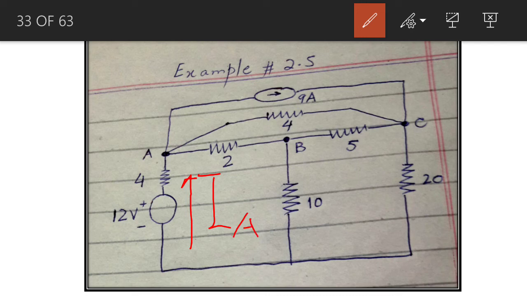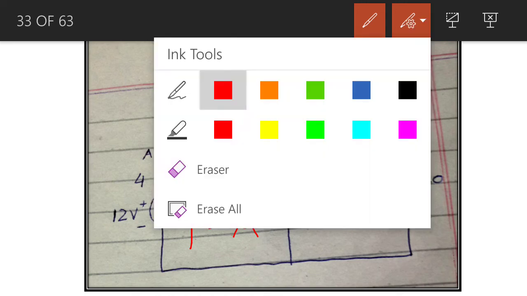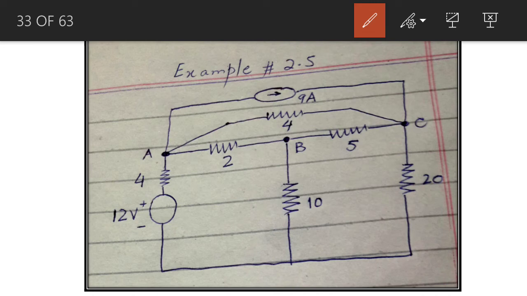So we are going to find out this current with the help of standard node equations. So we shall write down the standard node equation for this particular circuit directly in the matrices format. As there are 3 nodes in this particular circuit, the size of the G matrix will be 3 by 3.